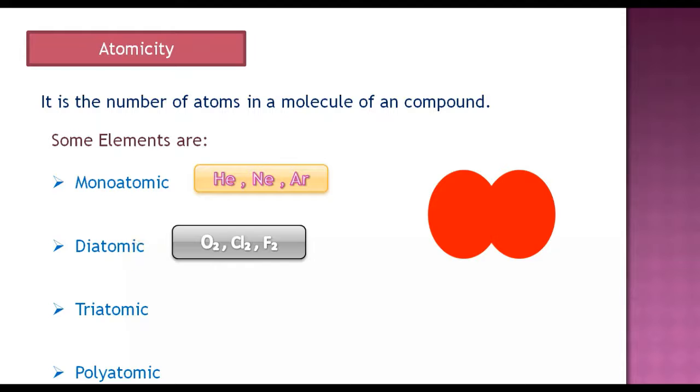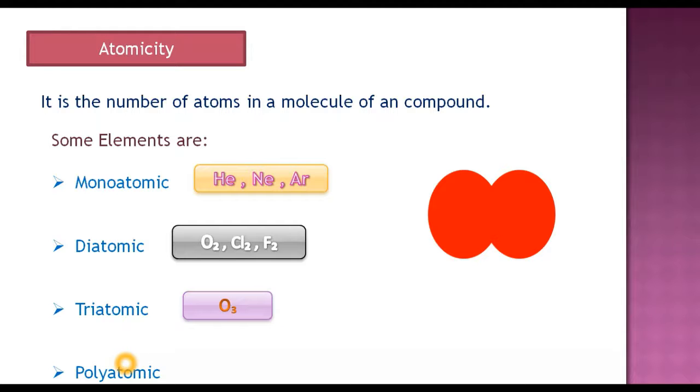That is why it's known as diatomic. If you look at triatomic, the word tri means three. Definitely there are three atoms combined to form a molecule. And here we have O3. O3 is nothing but ozone, and it exists in the form of O3 molecules. So that means three oxygen atoms combine together to form ozone gas.